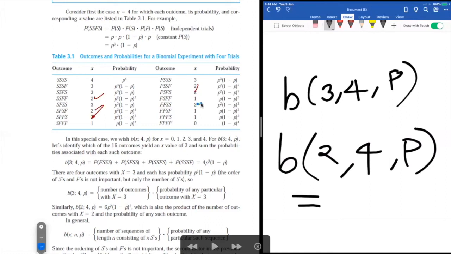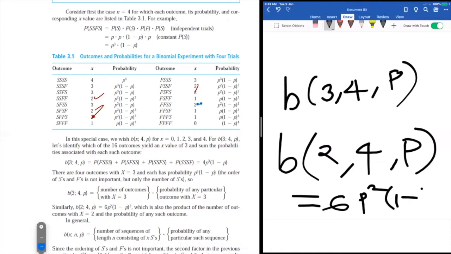So 6 into, now the probability of 2 successes is equal to p square into 1 minus p the whole square. So this is the probability of getting 2 successes, or binomial of 2 for p.